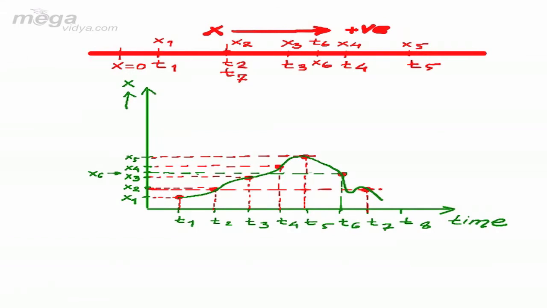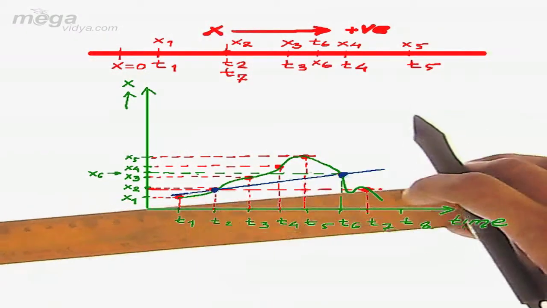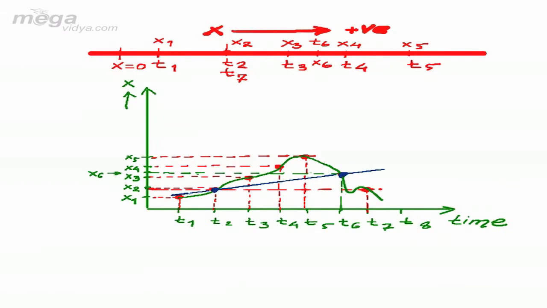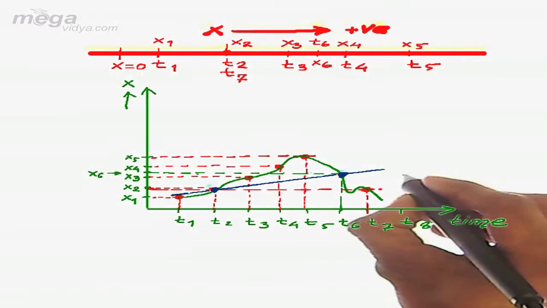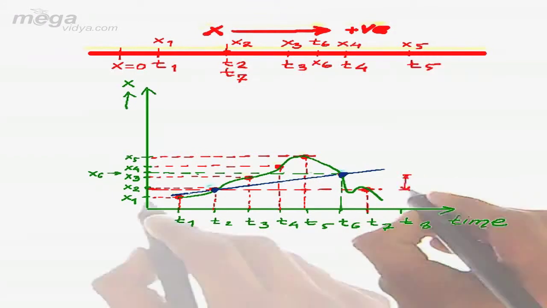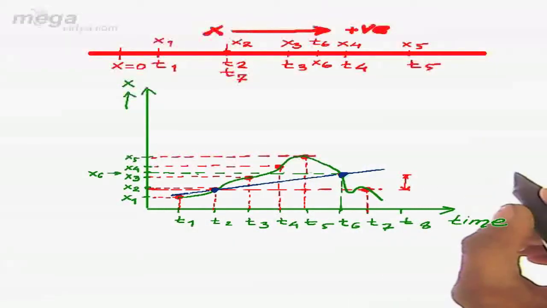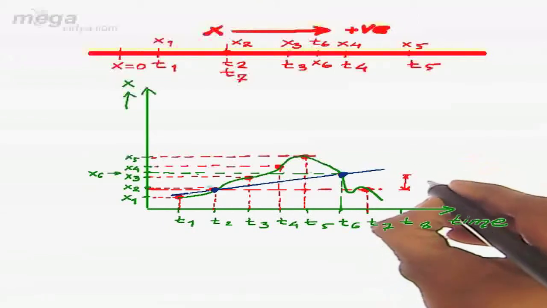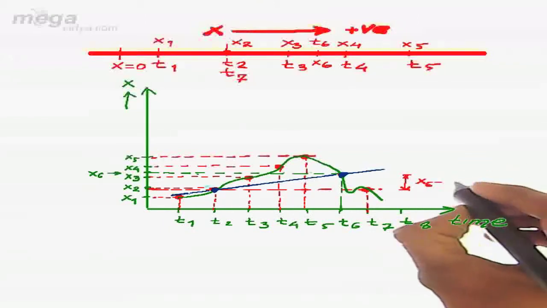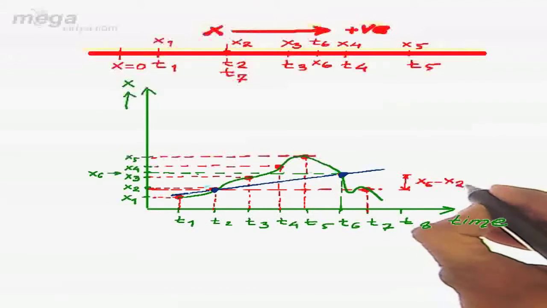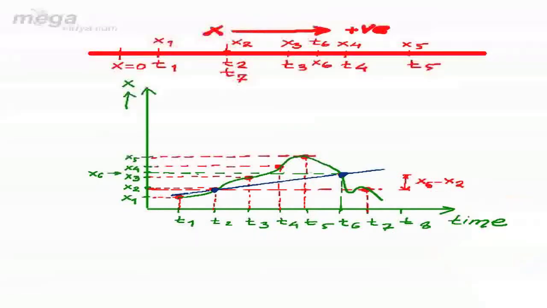Here, if we talk about the position of the particle at time t2, it is here, and at time t6 this position is here. If I connect these 2 points by a smooth line, what does this line give us? Obviously from this curve I may take the distance from here to here, and this change in position is equal to the position x6 minus position x2, the position of the particle at time t6 and at time t2.